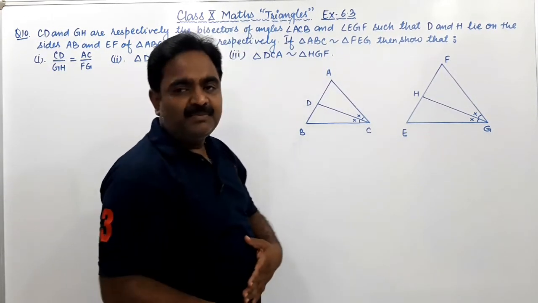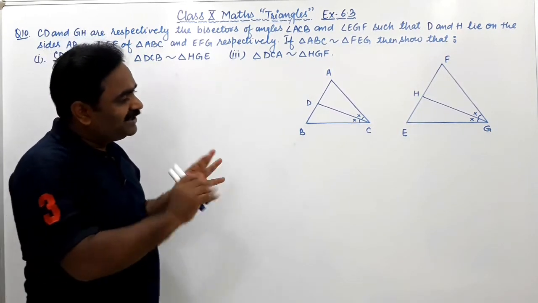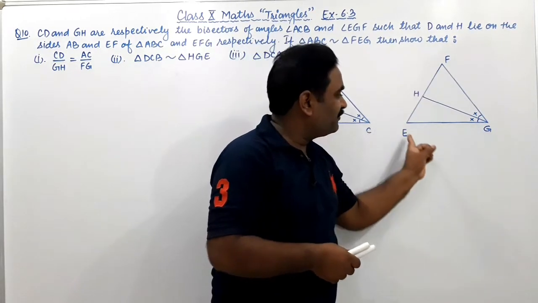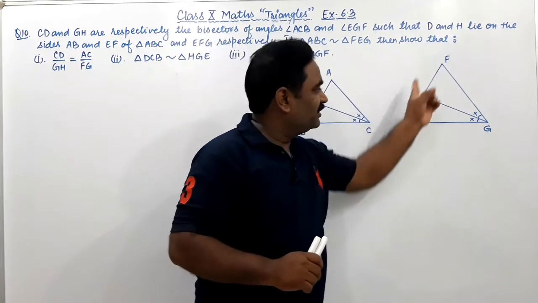So let us prove this. To prove, you just write down. Accordingly we have to draw the figure, as triangle ABC is similar to FEG. Here it is given triangle ABC is similar to FEG.